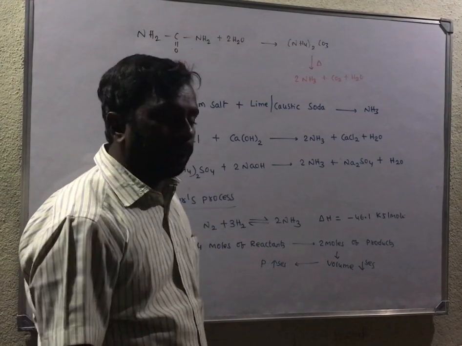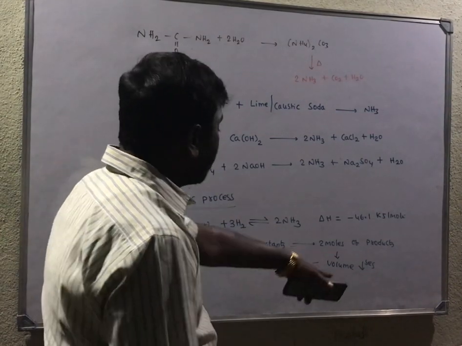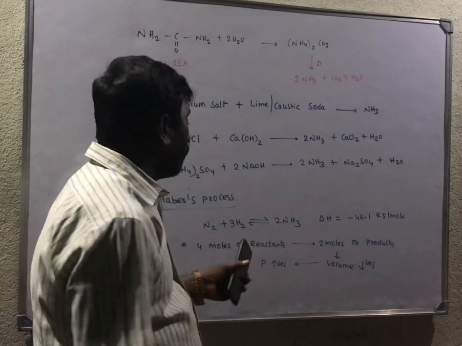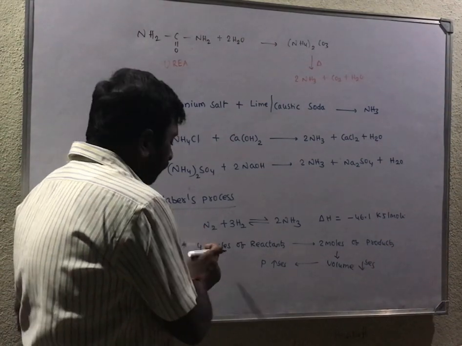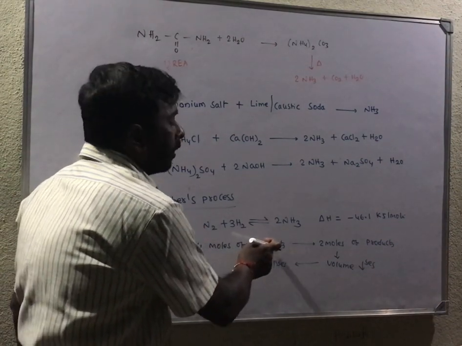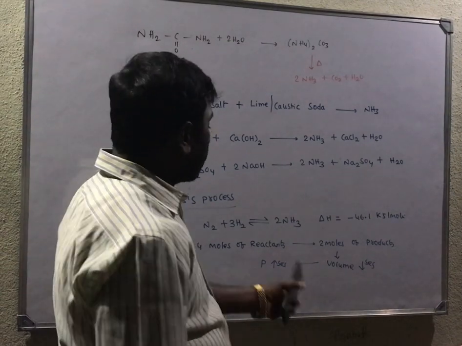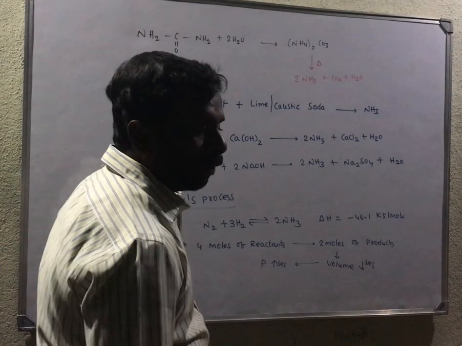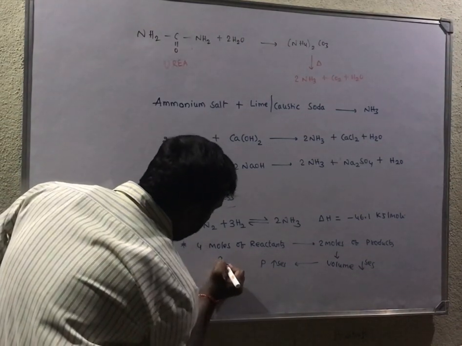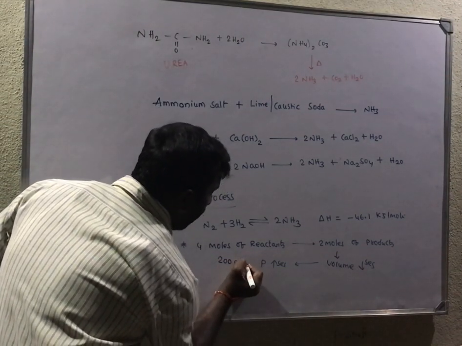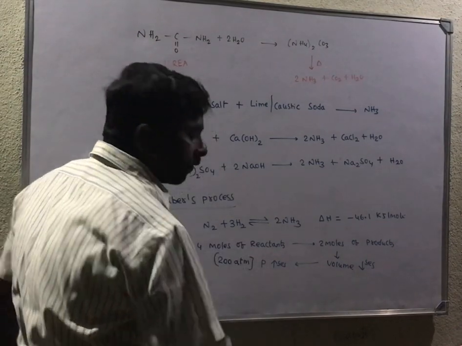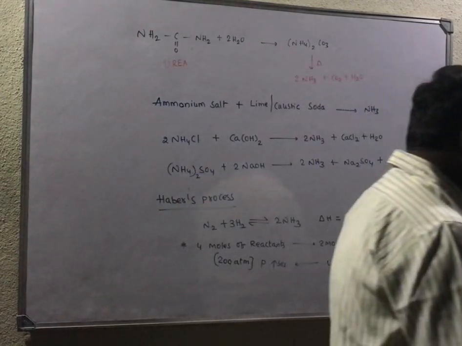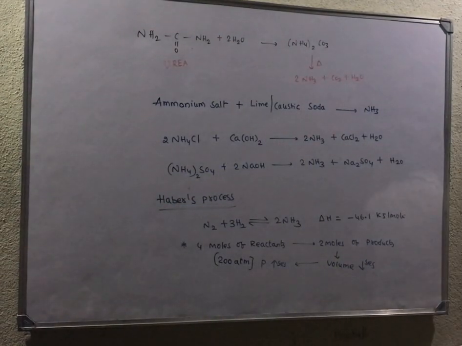P is inversely proportional to 1 by V. That's why, in the forward reaction, 4 moles of reactants are converted to 2 moles, so volume decreases and pressure increases. Here the pressure used is 200 atmospheres.